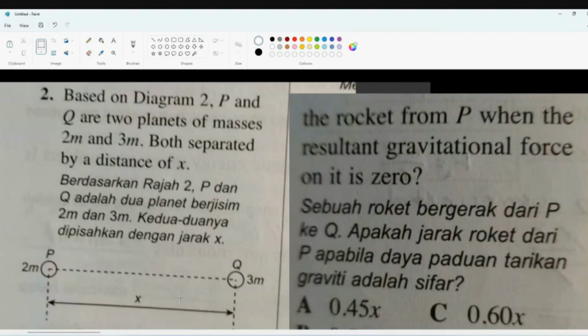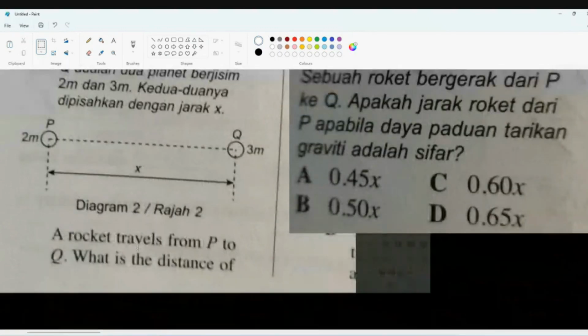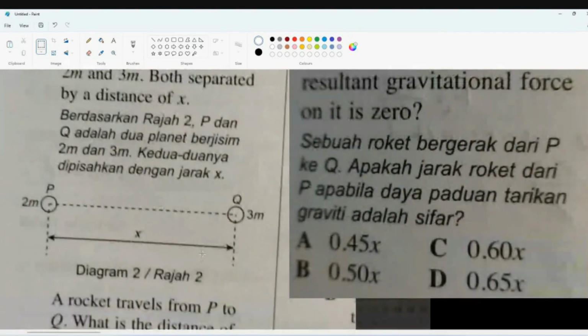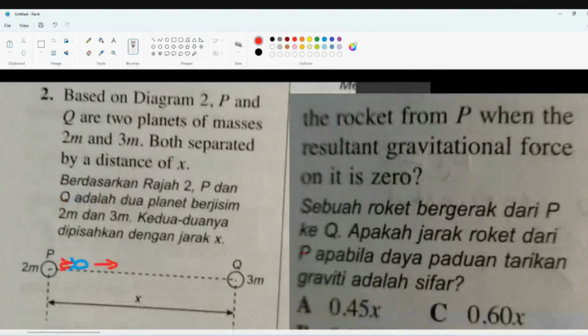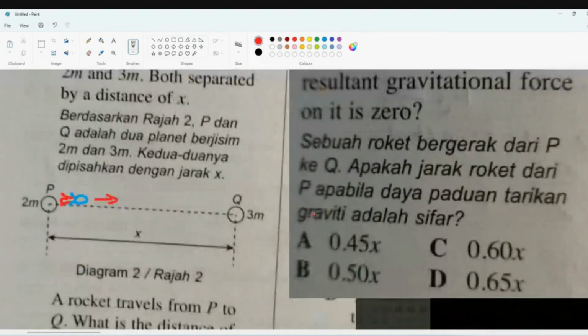Right. So you are given two planets, P and Q, with different masses. P has 2m, Q has 3m, with the distance x apart. Now we have a rocket traveling from P to Q. So what is the distance of the rocket from P when the resultant gravitational force on it is 0?